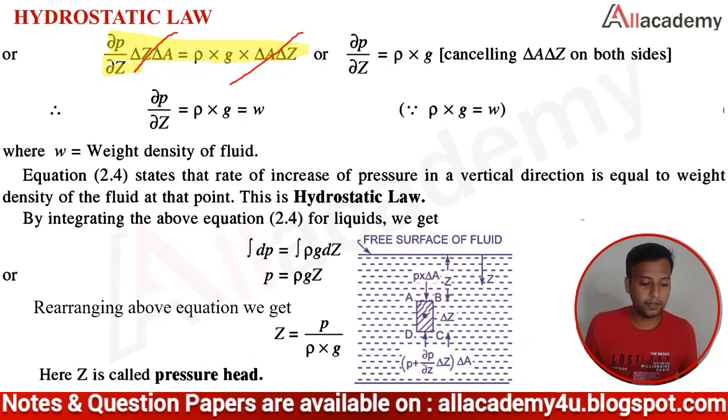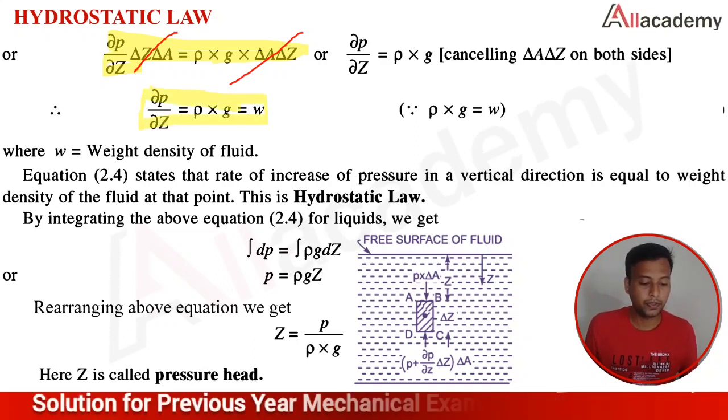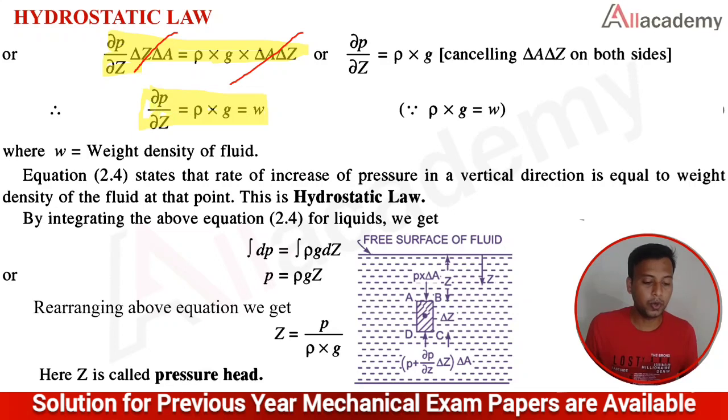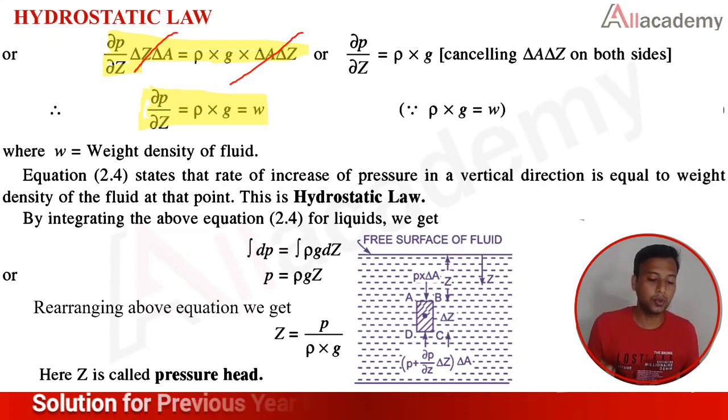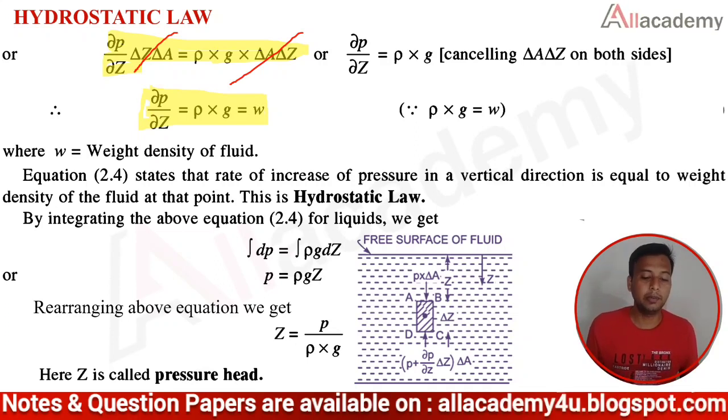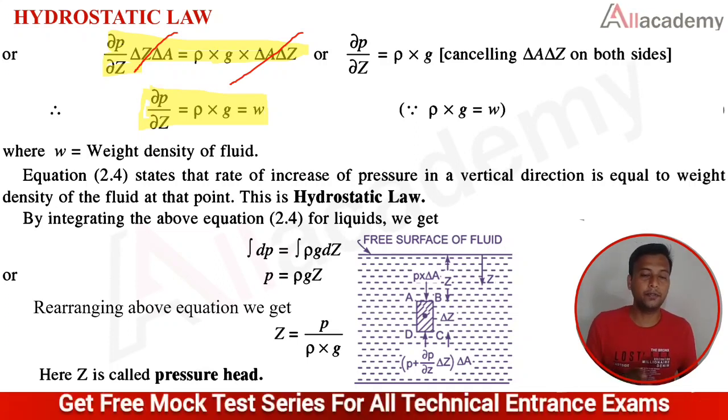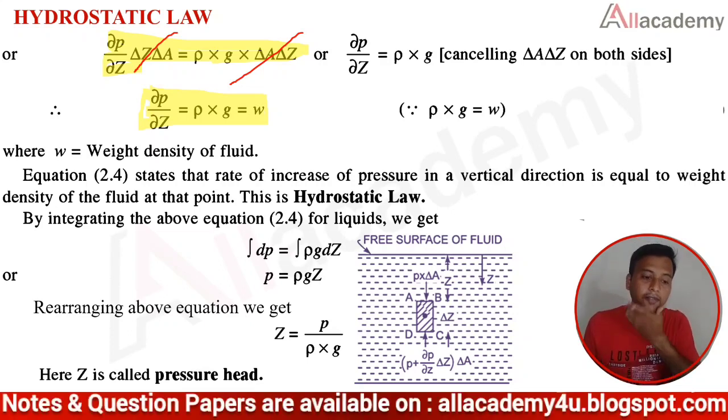Therefore the final term will be dou P by dou Z equals rho g, that is equal to w. Rho g, density of the fluid into gravitational constant, gives you the weight of the element, or the weight density of the fluid.